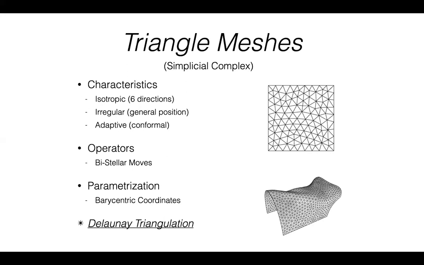With these moves, you can convert any triangle mesh from one type to another. And for the geometry, we use the parameterization with barycentric coordinates. And the main algorithms that we use for triangle meshes are algorithms from computational geometry, and the central algorithm is the Delaunay triangulation that guarantees a lot of properties for the meshes, right?